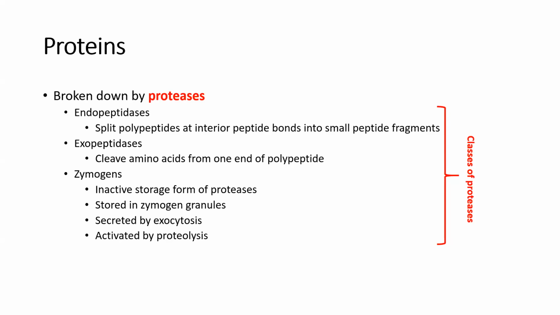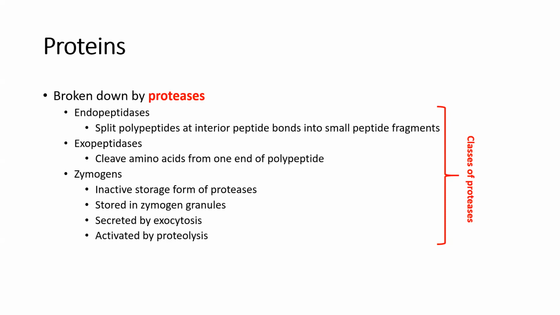These split polypeptides somewhere in between the peptide bond. So they're not going to be cleaving at the periphery, but these proteases cleave specifically within the peptide fragments. We've also got exopeptidases, which cleave at the periphery. So these are going to cleave amino acids that are on the ends of these polypeptide chains.